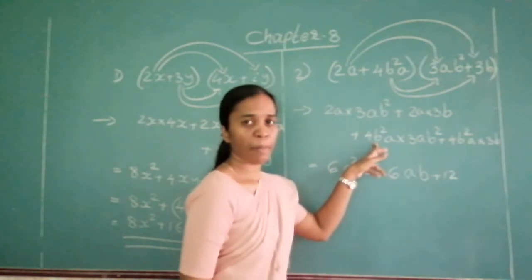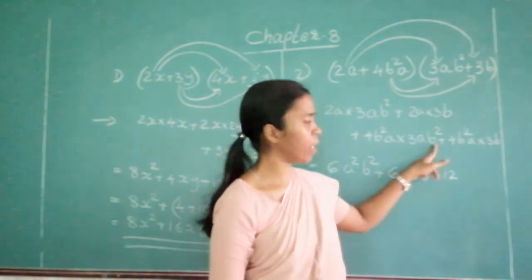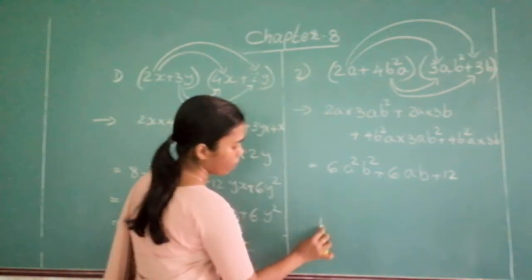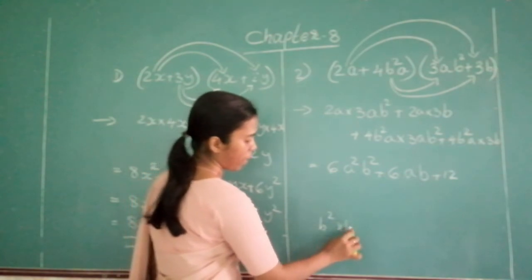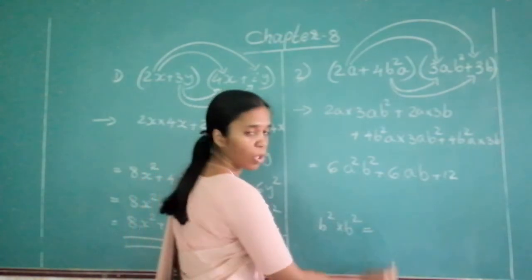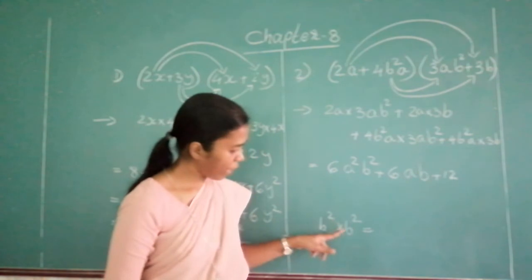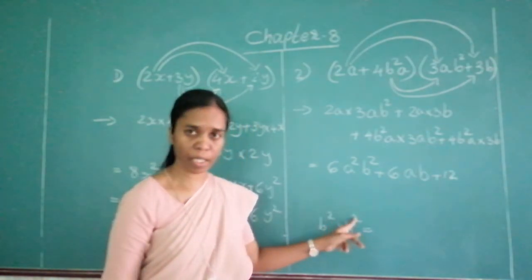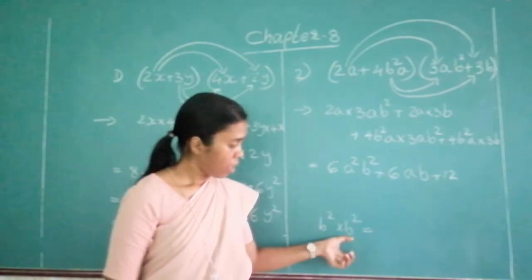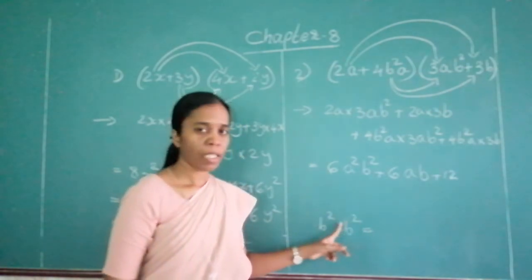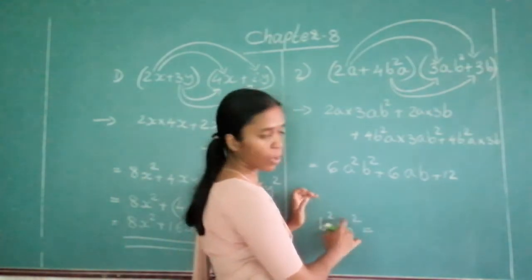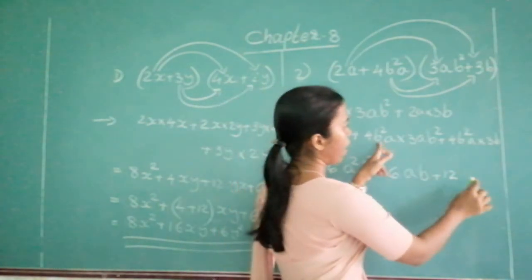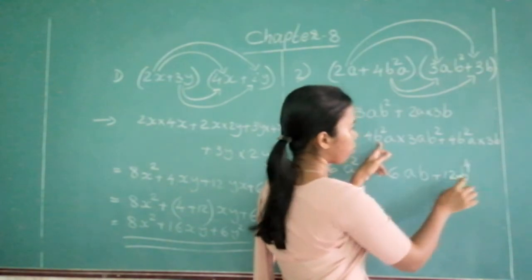Here you can see b square and again here b square. That is, you have b square multiplied by b square. a raised to m into a raised to n equal to a raised to m plus n. If the base is same, add the index. So when you add the index, what do you get? 2 plus 2, 4. So you have 12b raised to 4.